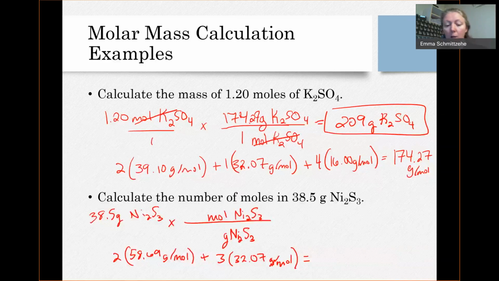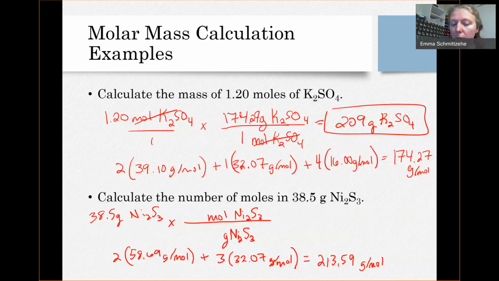So 2 times 58.69 plus 3 times 32.07. That gives me 213.59 grams per mole. And so that information goes into my ratio. So there's 213.59 grams in 1 mole of nickel 3 sulfide.